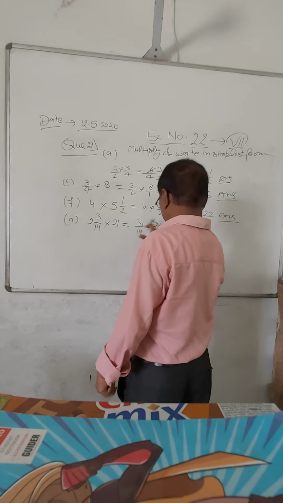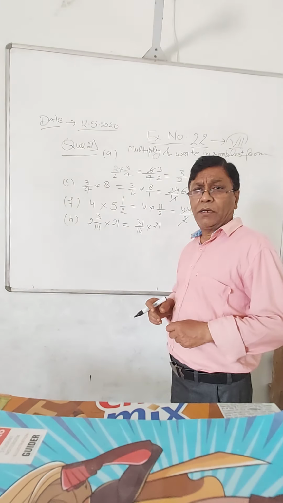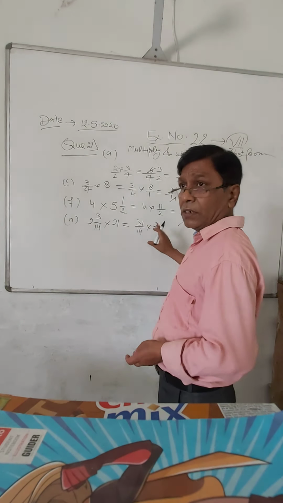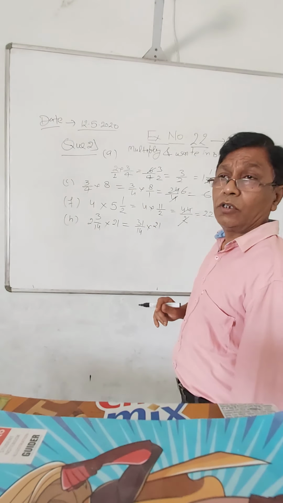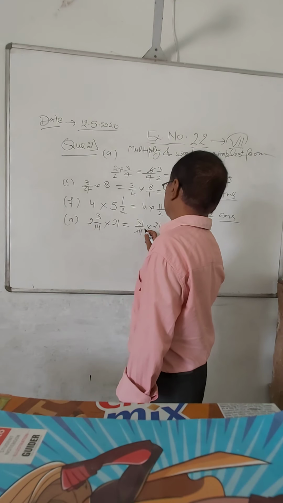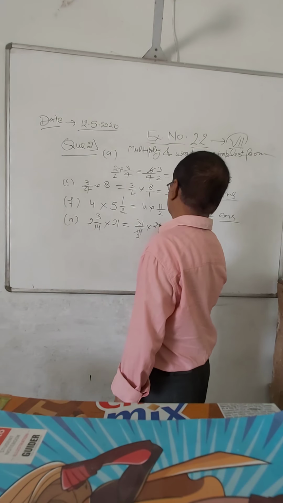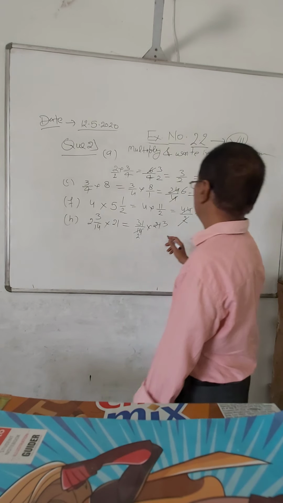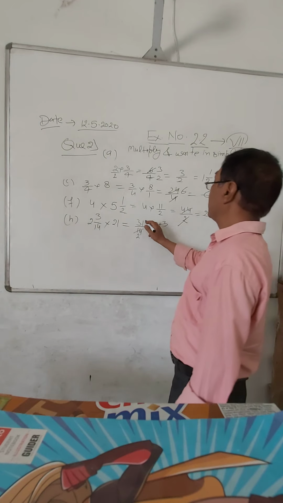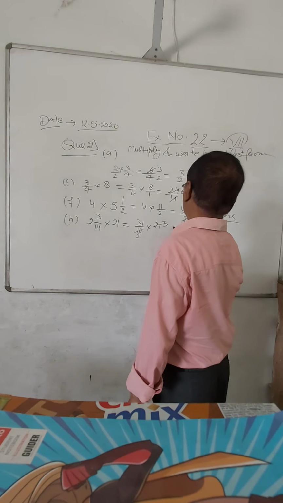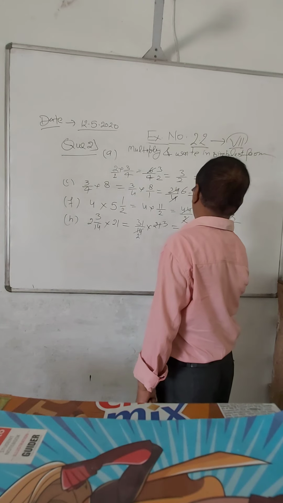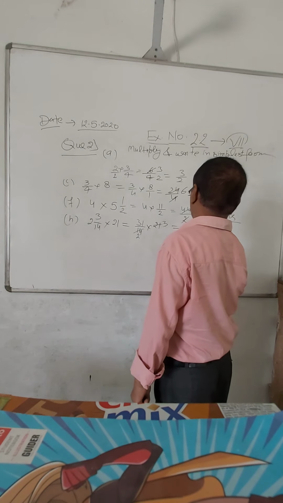If the multiplications are of greater numbers, you can simplify here also, or after doing the product you can simplify. Now since 7 into 14, 7 2s are 14, now it has become less. Now 3 multiplied by 31. So this is equal to 3 1s are 3, 3 3s are 9, upon 2.